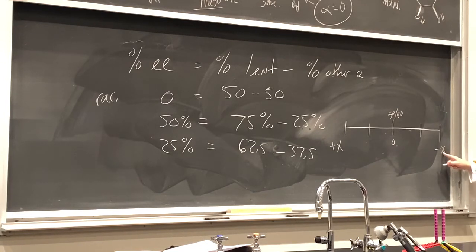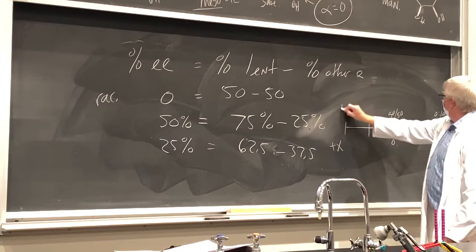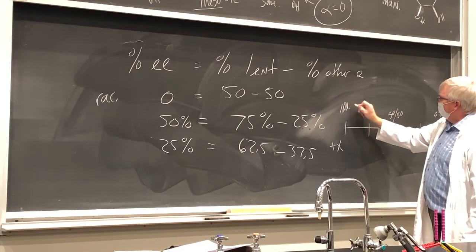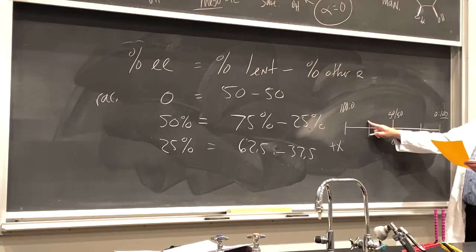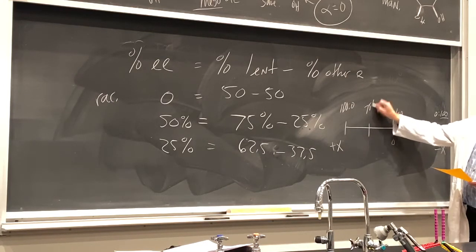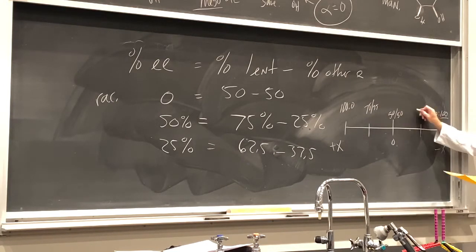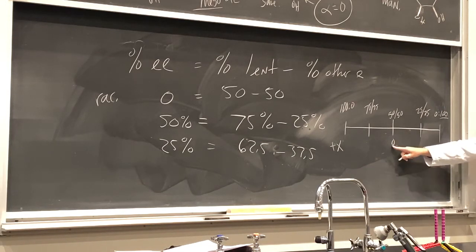Here's the 100% where you're 0 and all, the one that's rotating to the left. And then if you're over here, it'd be the other way around, 100% and 0 there, all rotating to the right. And then in between, here's your 75, 25, and here's your 25, 75 the other way, okay? But right in the middle at 0 is where they're 50-50.